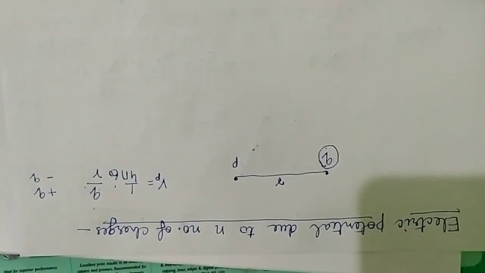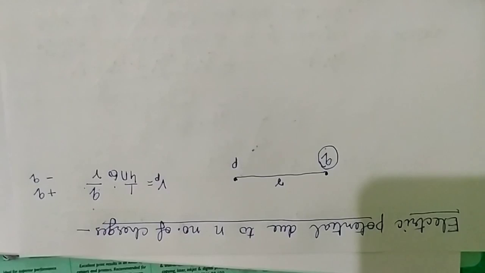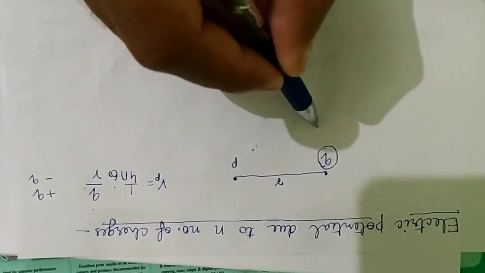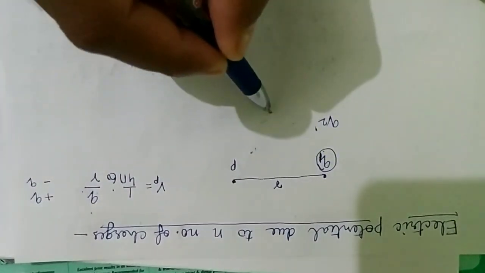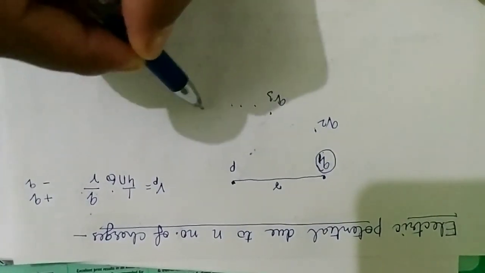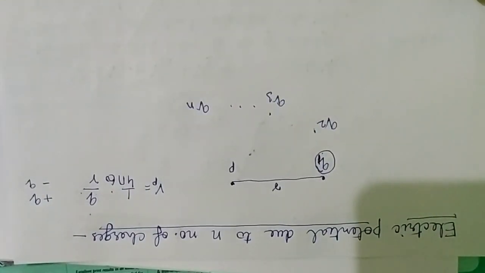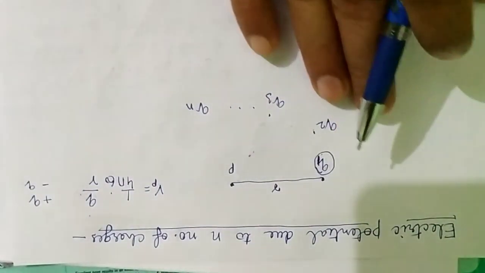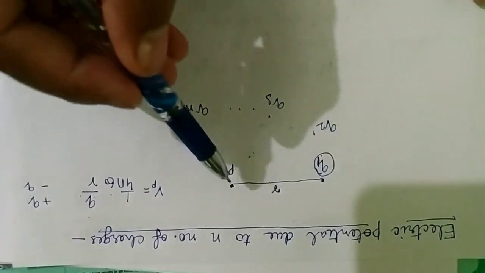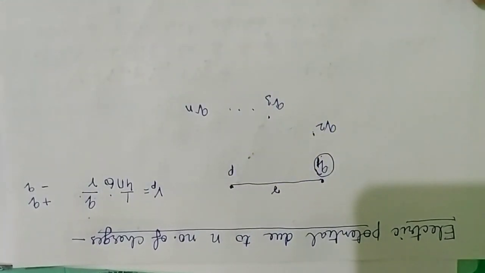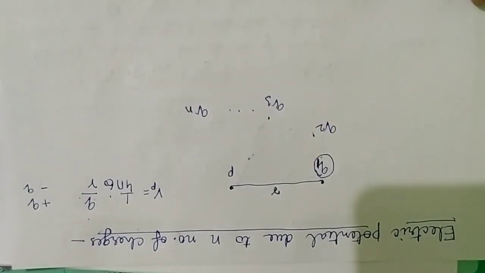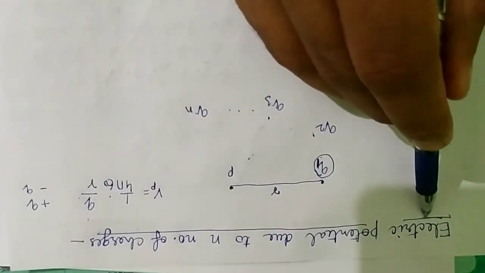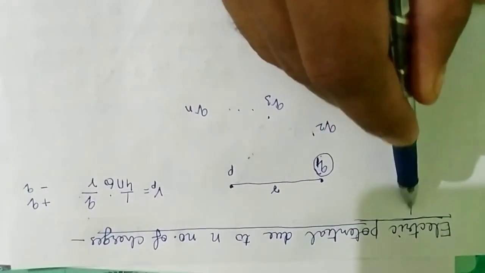Now, what will happen when we have a large number of charges? Suppose these are Q1, Q2, Q3, and so on, up to Qn. Then what should be the electric potential because of these charges at this point? To calculate the total potential, first we should understand that electric potential is a scalar quantity.